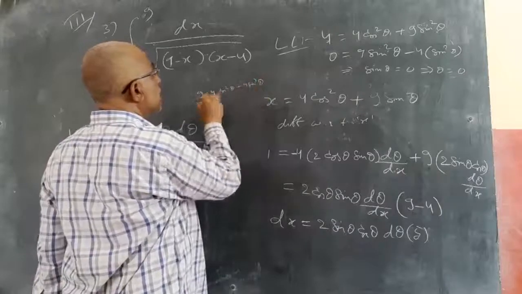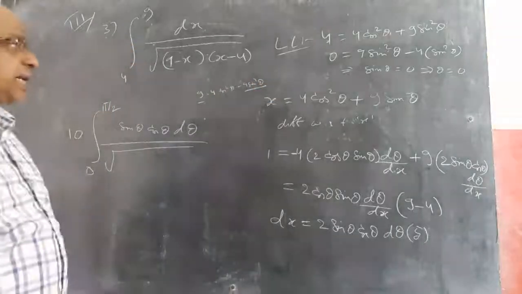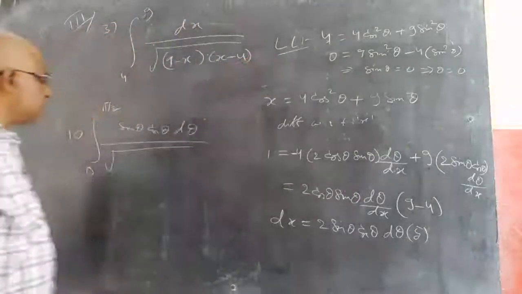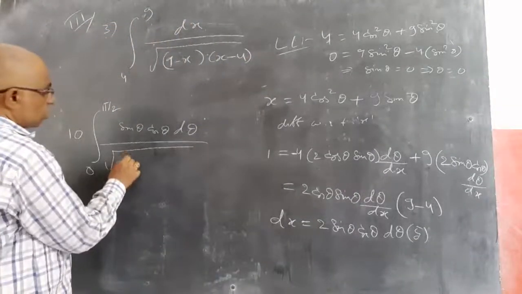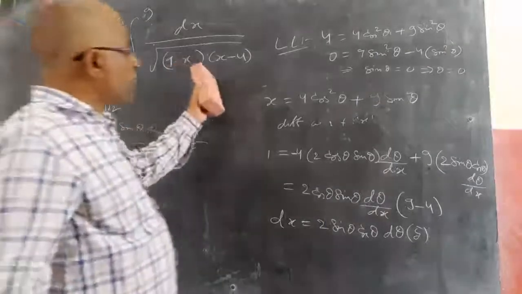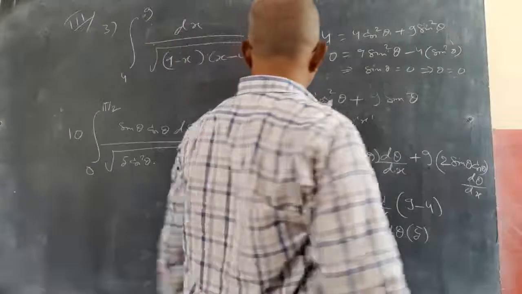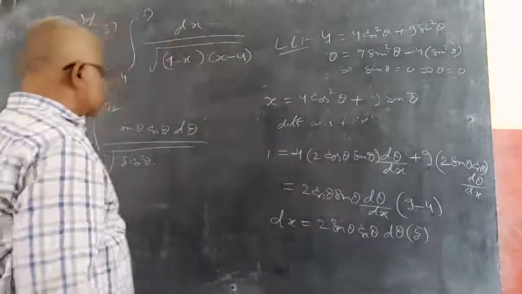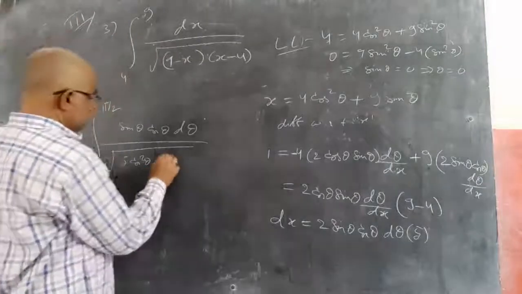If I take 9 common from these two, that is 9 cos square theta minus 4 cos square theta, which becomes 5 cos square theta. Coming to this, 9 sin square minus 4 sin square, if I take 4 common, is 5 sin square theta.